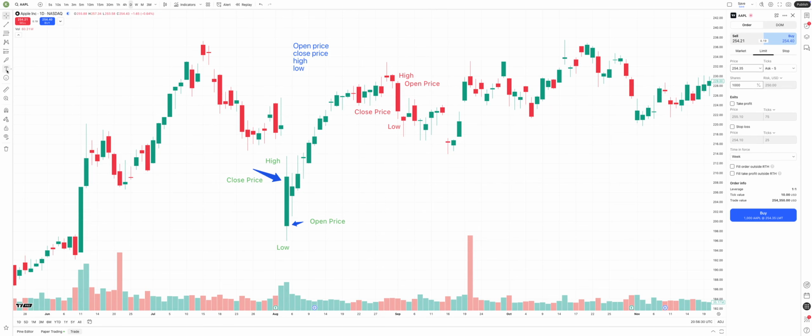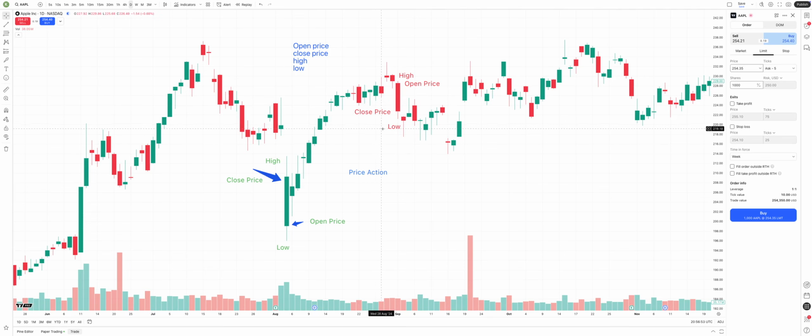So if you ever hear the term price action, that's what this is indicating. We're able to know what price is doing based on these candlesticks within a given time frame.